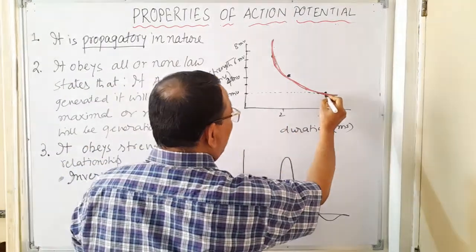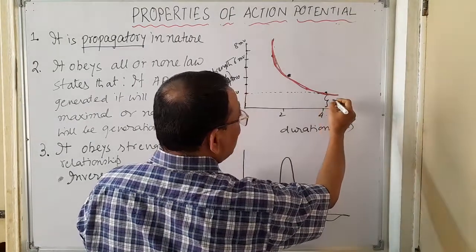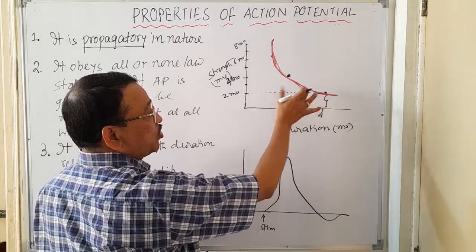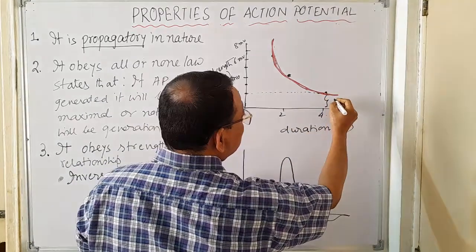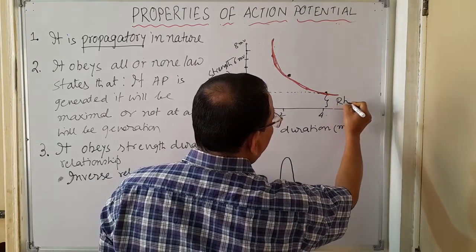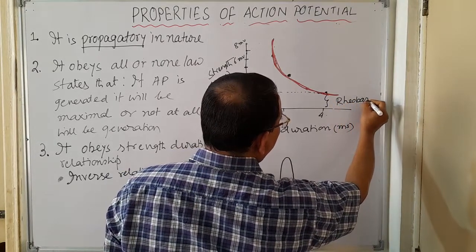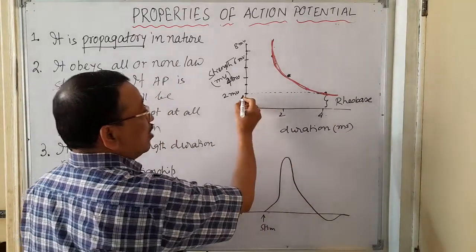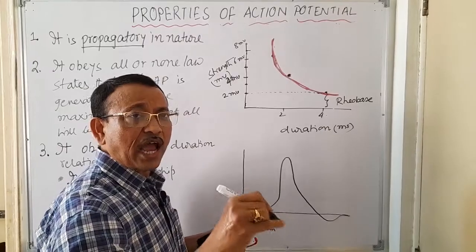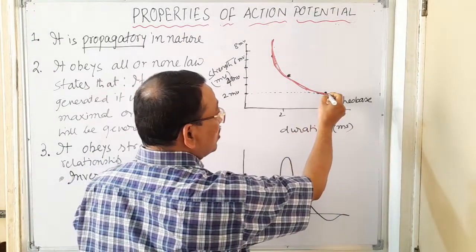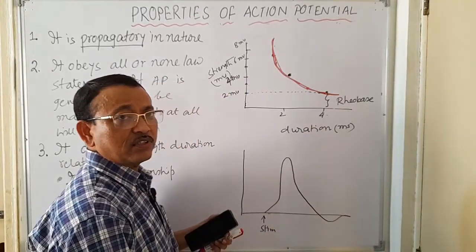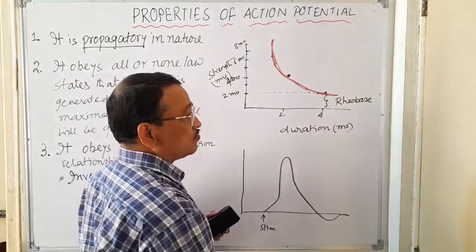This minimum strength of the stimulus that is able to induce the action potential is known as the Rheobase voltage. This current is known as the Rheobase current.